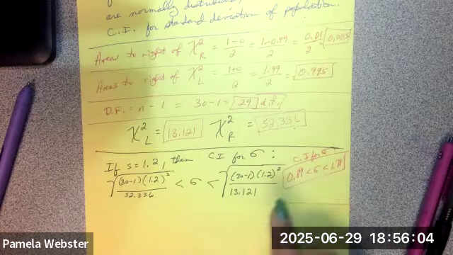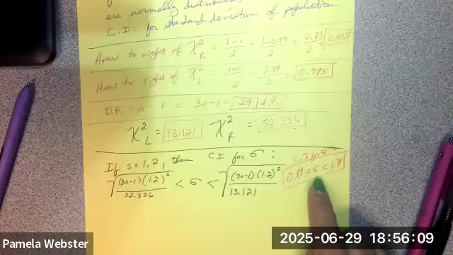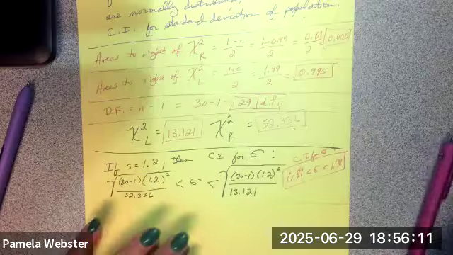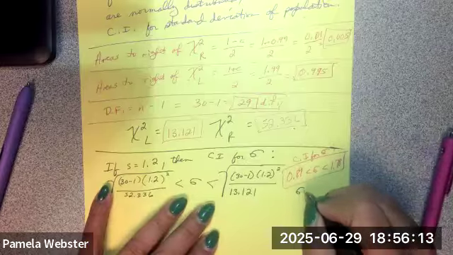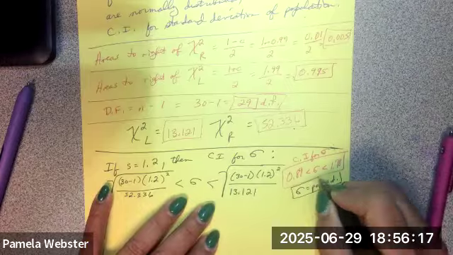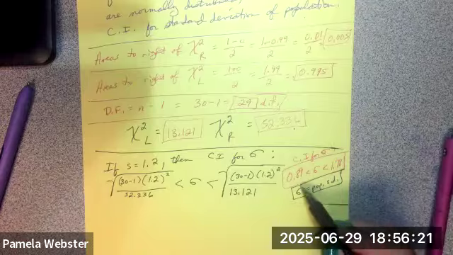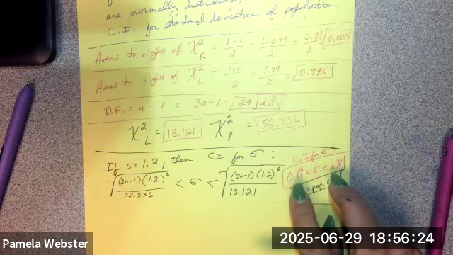So what we're saying is that we are very certain that my population standard deviation, that's what sigma was, remember, falls somewhere between these two numbers. And that's a really tight confidence interval, right?